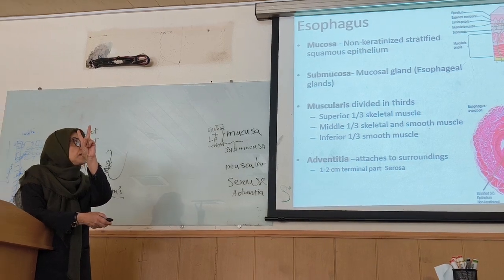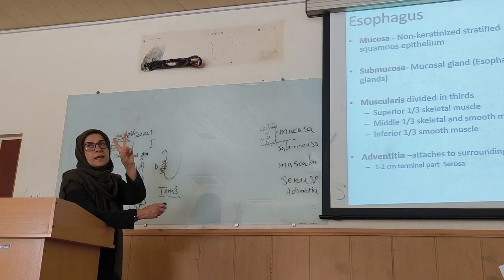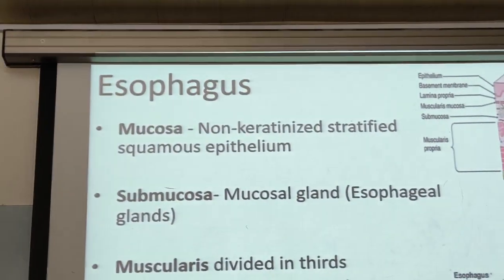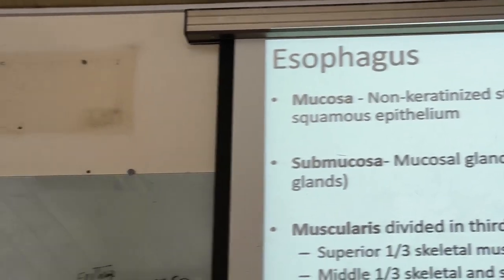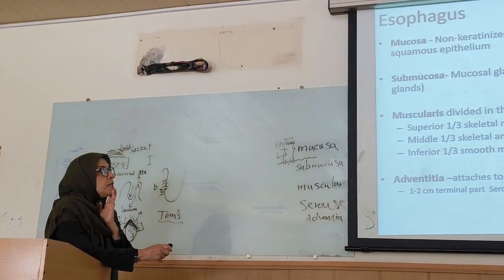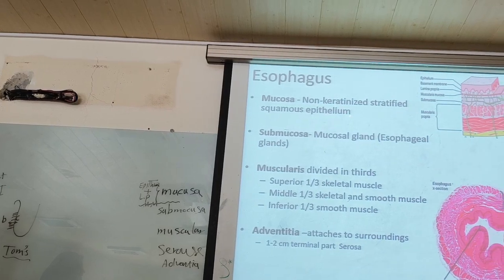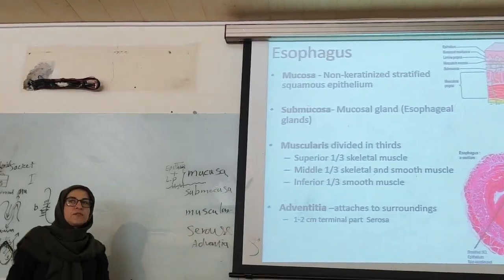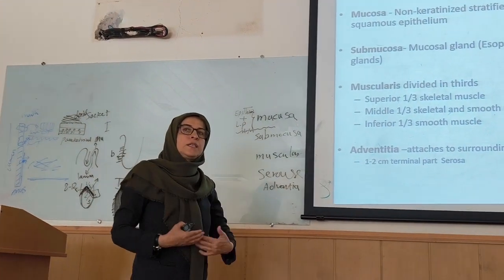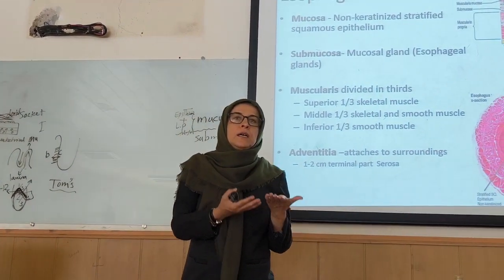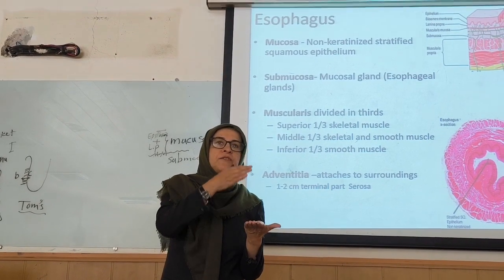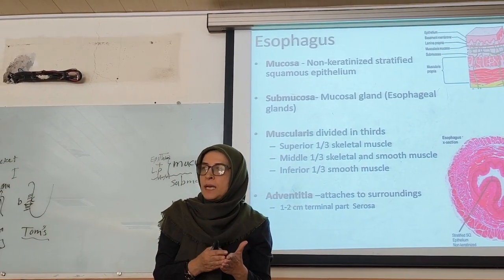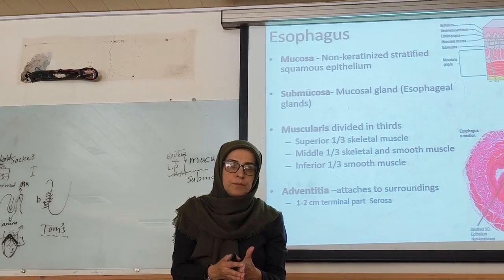The second difference is in the mucosal layer. The mucosal layer from the esophagus is lined by non-keratinized stratified squamous epithelium, because from the stomach until the end of the rectum, all of them are lined by simple columnar epithelium.